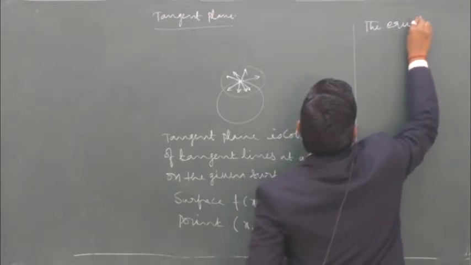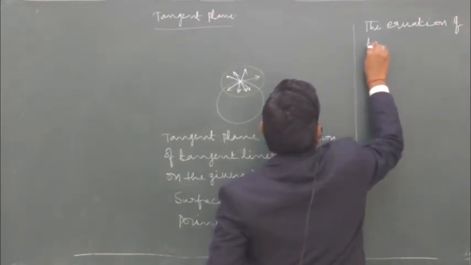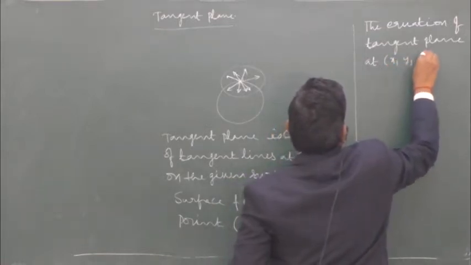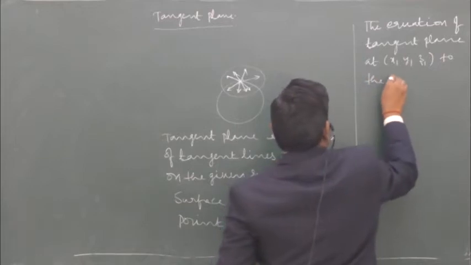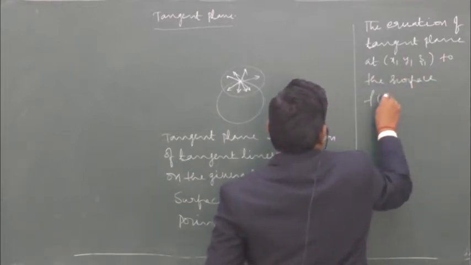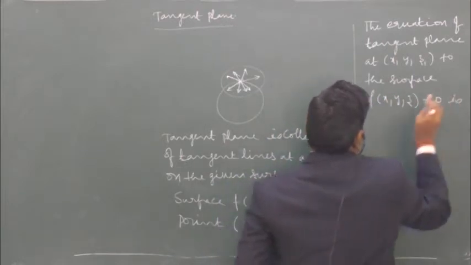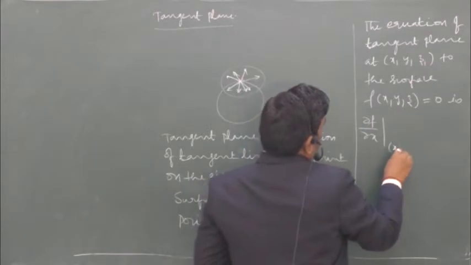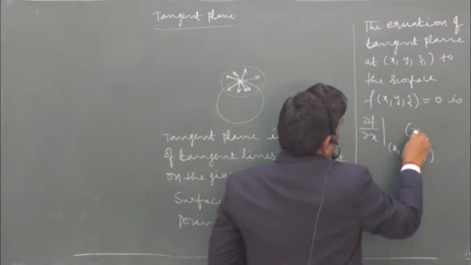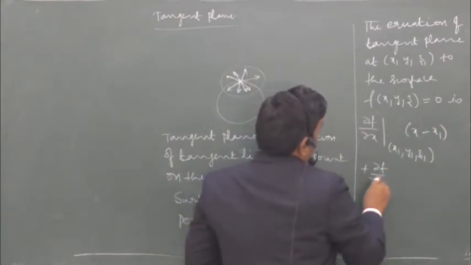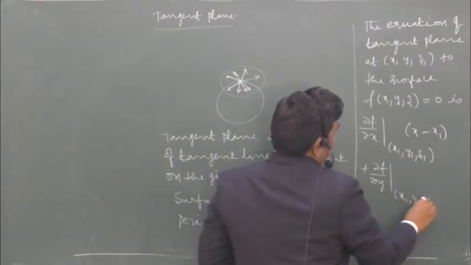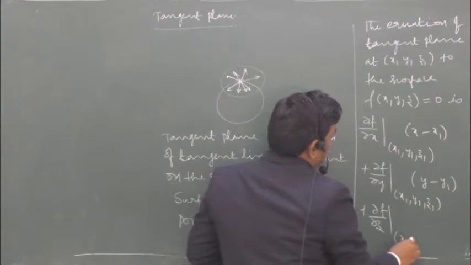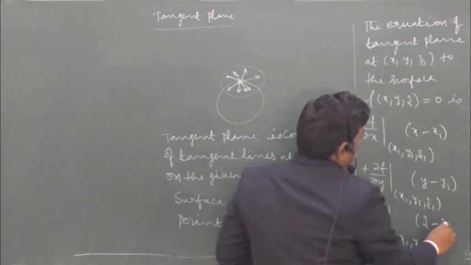So the equation of the tangent plane at x1 y1 z1 to the surface f of x y z equals 0 is given by dou f by dou x evaluated at x1 y1 z1 into x minus x1, plus dou f by dou y evaluated at x1 y1 z1 into y minus y1, plus dou f by dou z evaluated at x1 y1 z1 into z minus z1 equals to 0.